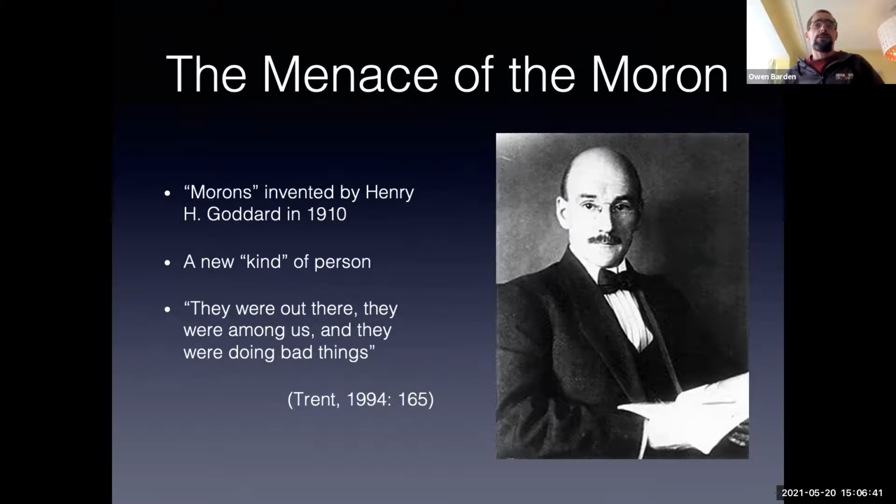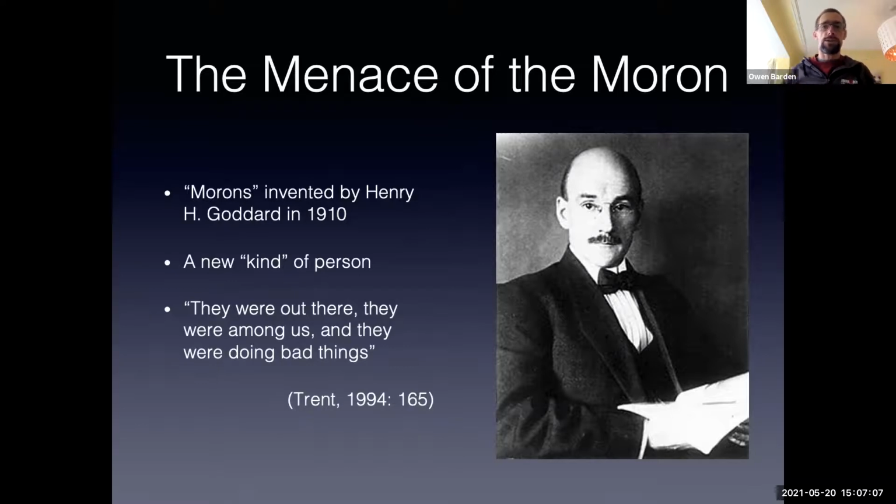And round about 1910, this guy, Henry H. Goddard, invented a new category, right? He invented a new kind of person, essentially by playing around with the results of the Binet-Simon IQ test, right? One of the very first recognized standardized IQ tests.